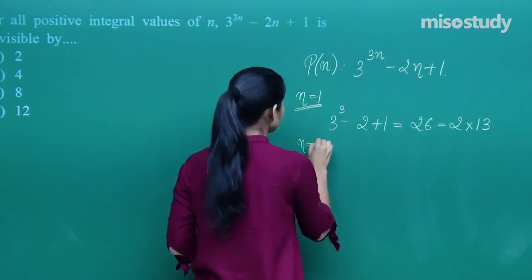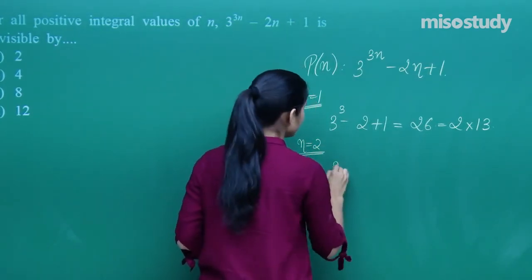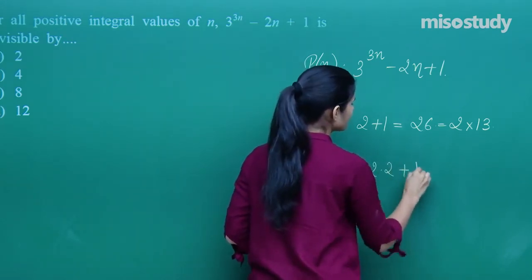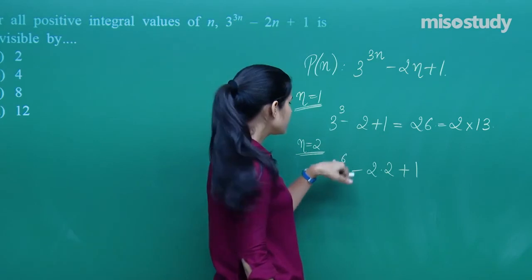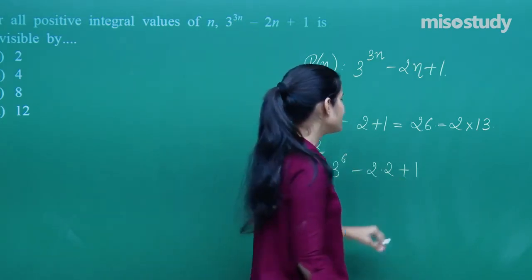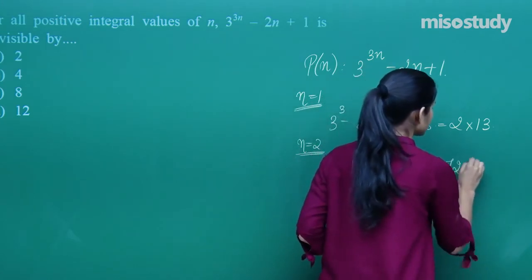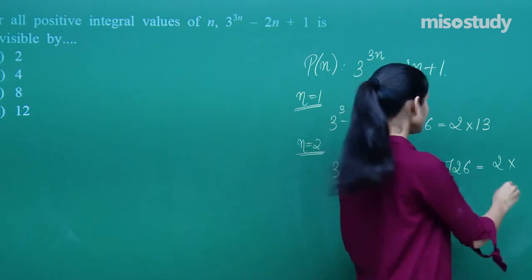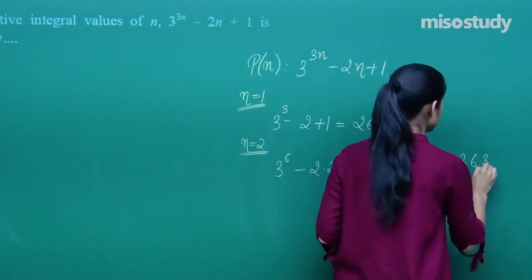For n equals 2, you get 3 to the power 6 minus 2 into 2 plus 1. This gives you 729 minus 4, which is 725, plus 1, which is 726, which can be written as 2 into 363.